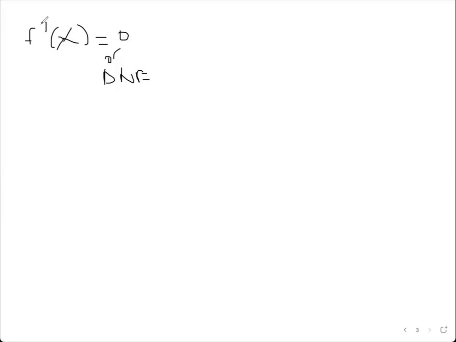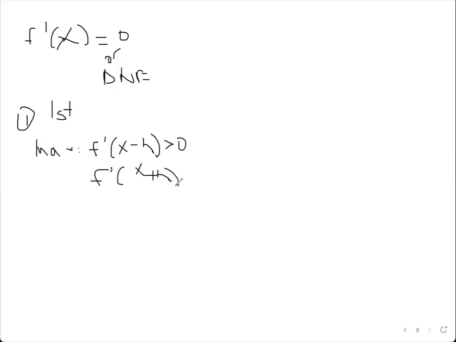But going more in detail, how do you determine if it's a maximum or minimum? Specifically, because all you know is that it's a critical point. There are two ways. The first one is called the first derivative test. And as expected, it uses the first derivative. It says it's a maximum if, obviously, f prime of x equals 0 or does not exist, and f prime of x minus h, where h is some small amount, is greater than 0, f prime of x plus h is less than 0.